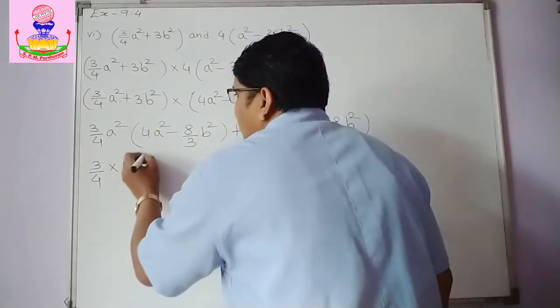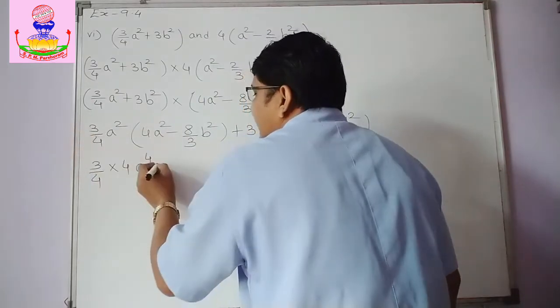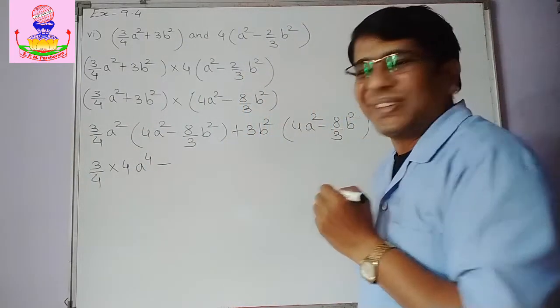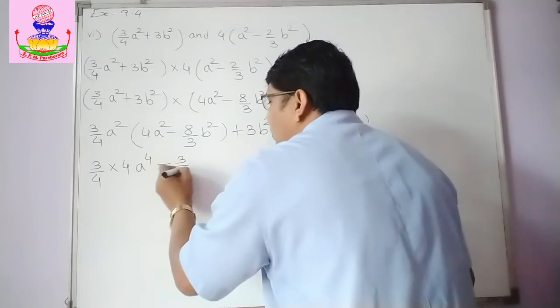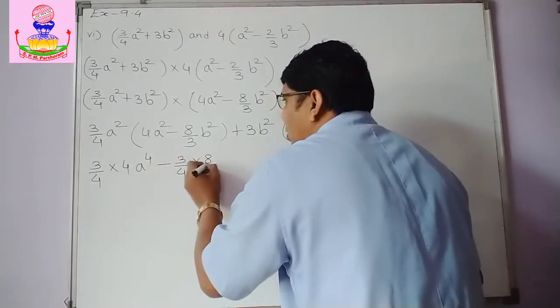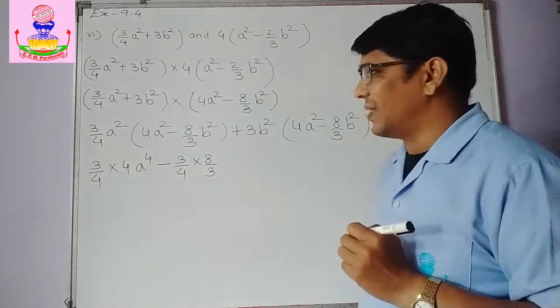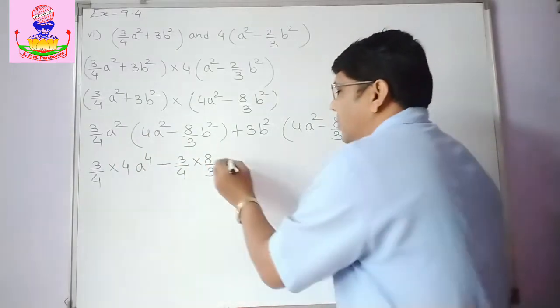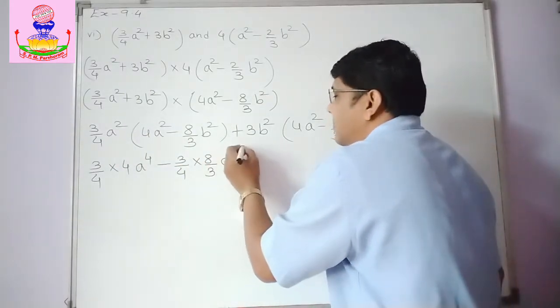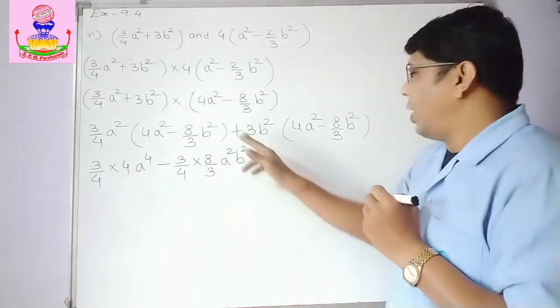Now a square into a square, a raised to 4, plus into minus, minus. Okay, now 3 upon 4 into 8 upon 3. Okay, and a square into b square, that is a square b square.